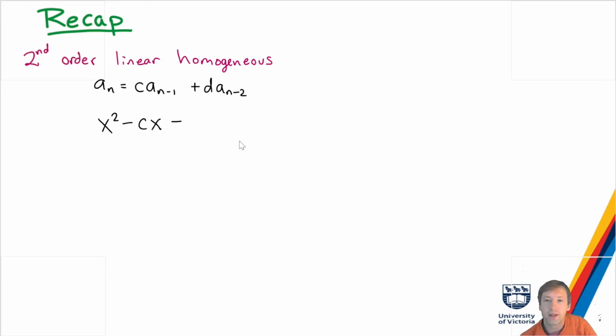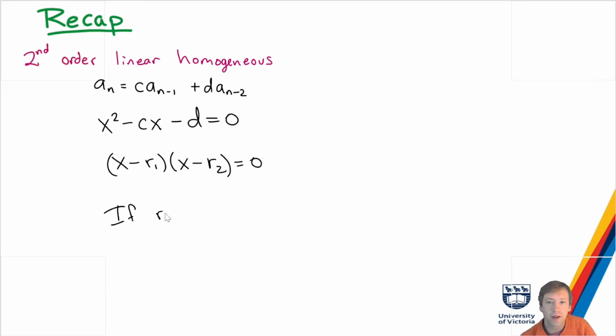So you take the characteristic equation, you take the roots of the equation, which could be complex numbers or real numbers, and if r_1 is not equal to r_2, then the general solution is A r_1 to the n plus B r_2 to the n.